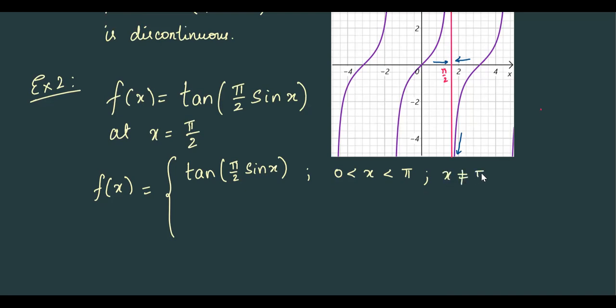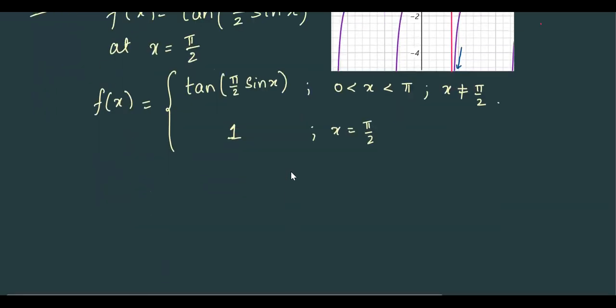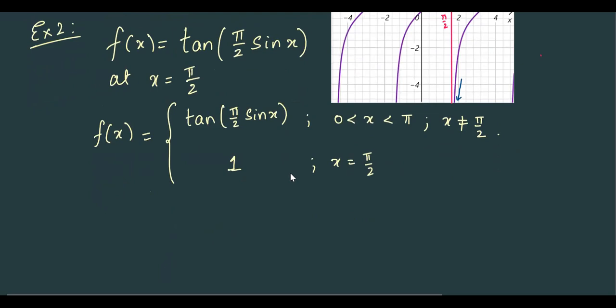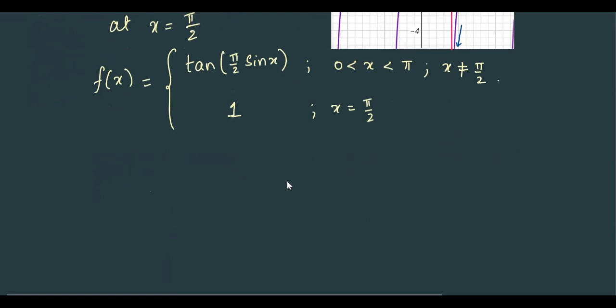X not equal to pi by 2. For x equal to pi by 2, let's say it is 1. Now you tell me, what is the left hand limit and right hand limit of this function at pi by 2? Plus infinity, right hand limit is minus infinity.